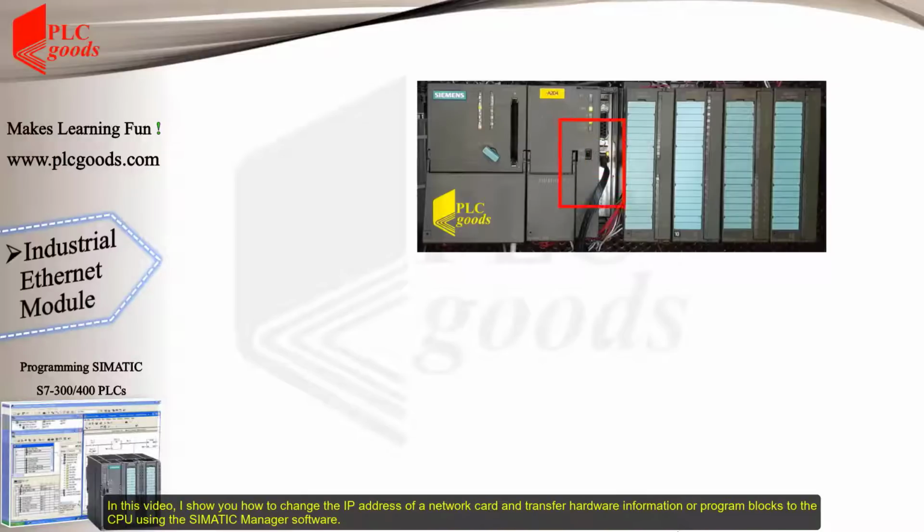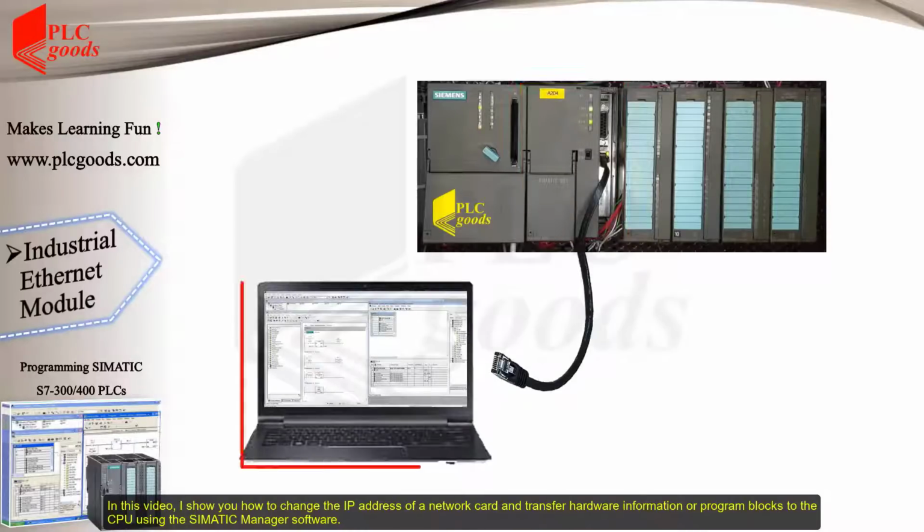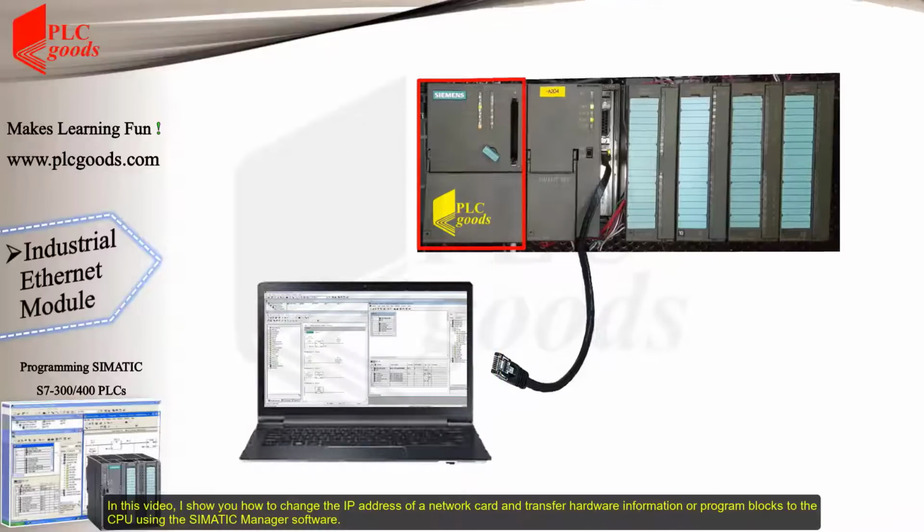In this video, I show you how to change the IP address of a network card and transfer hardware information or program blocks to the CPU using the SIMATIC Manager software.